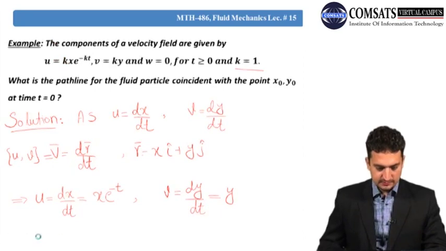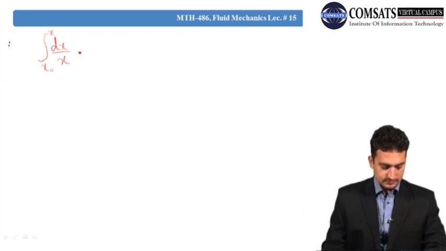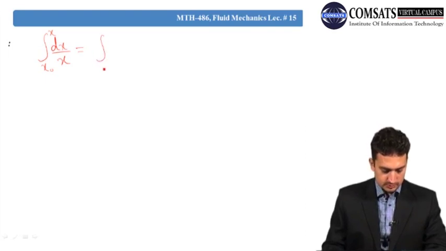dx by x, and we integrate from x naught to x is equal to 0 to t e to the power minus t dt.